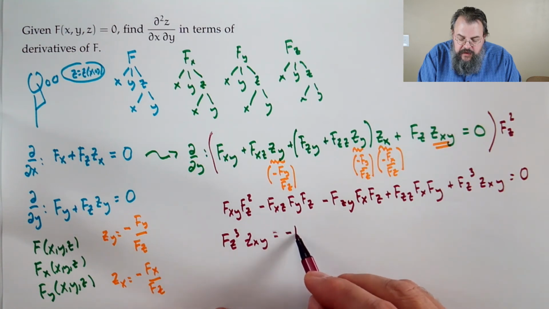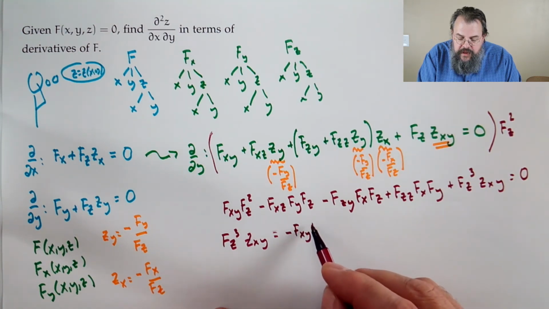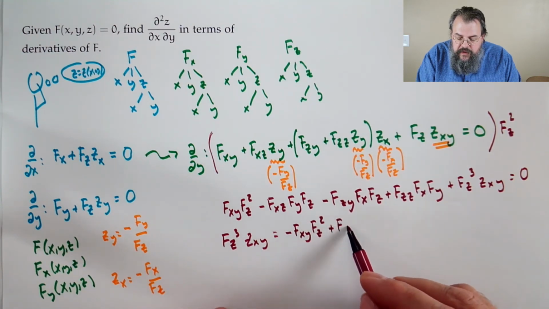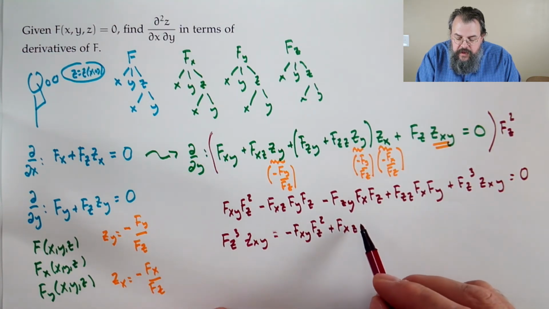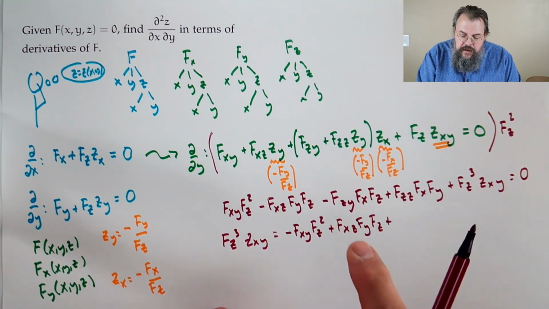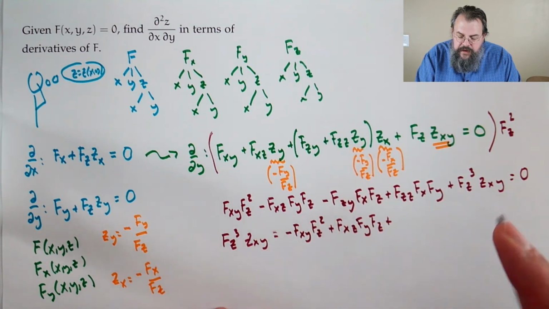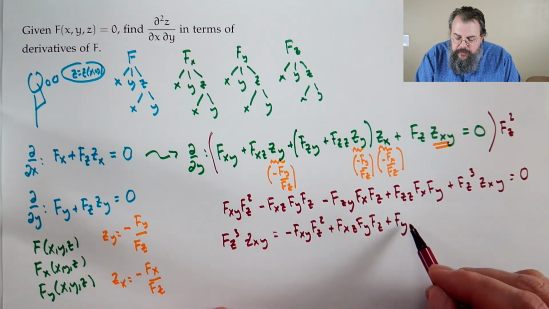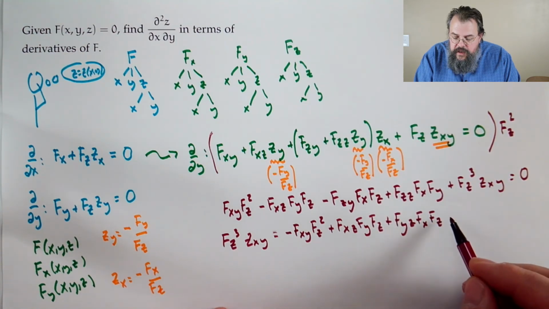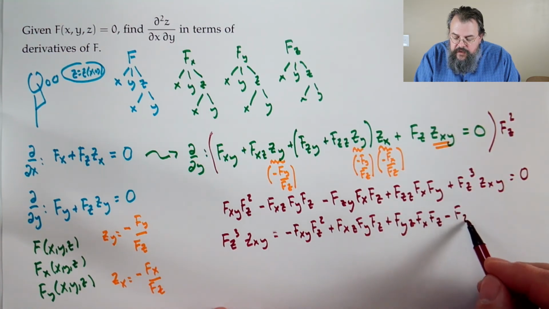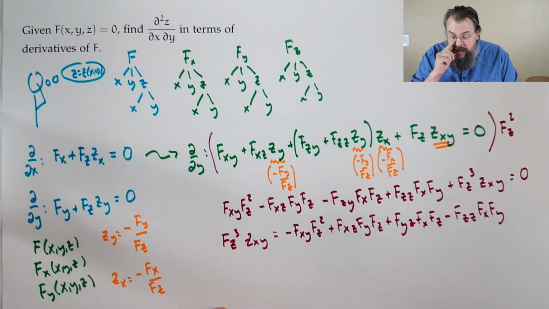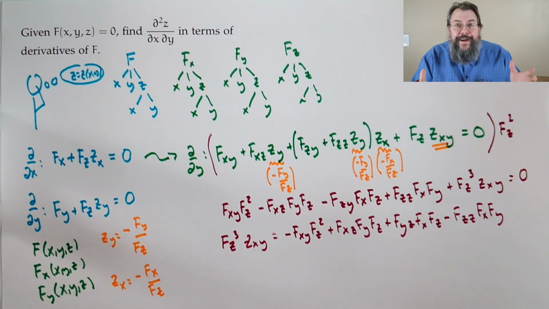So we get minus fxy fz squared plus fxz fy fz plus, and by the way, fzy is the same as fyz. So we'll write it as fyz fx fz minus fzz fx fy. And the last thing for us to do is divide.